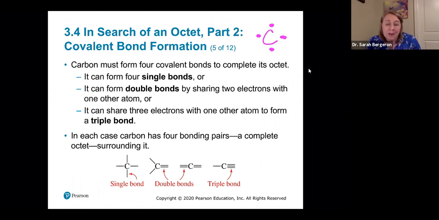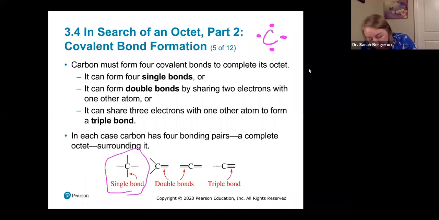How's it going to do it? Well, everything we've talked about so far is a single bond. So what carbon could do is interact with 4 hydrogens. So we'll say hydrogen has 1. Here's another hydrogen, that's 1. Here's another hydrogen, and here's another hydrogen, right?